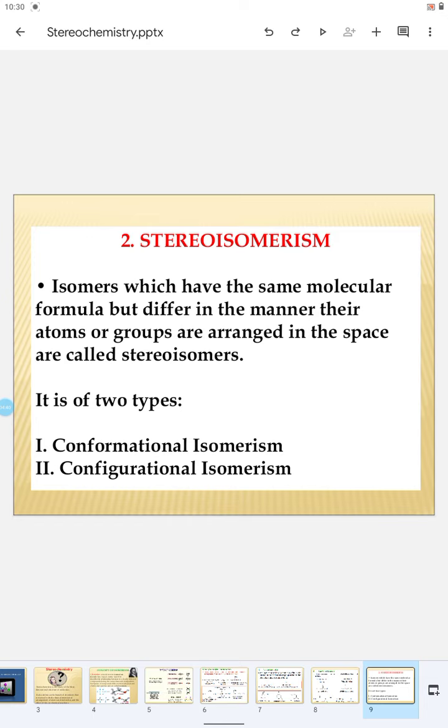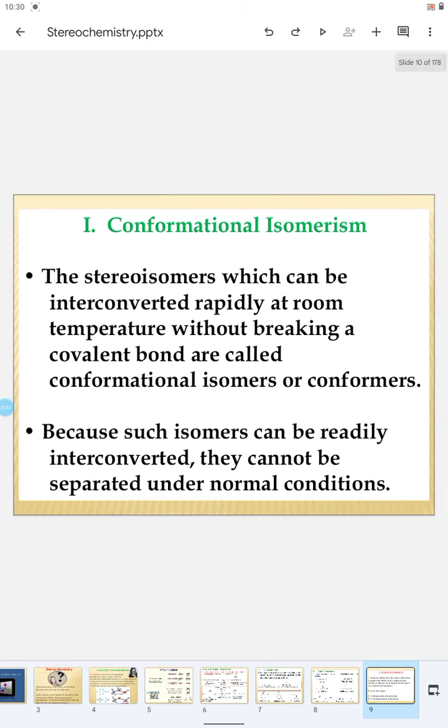Stereoisomers have the same molecular formula but differ in the manner their atoms or groups are arranged. Further, stereoisomers are conformational isomers and configurational isomers.